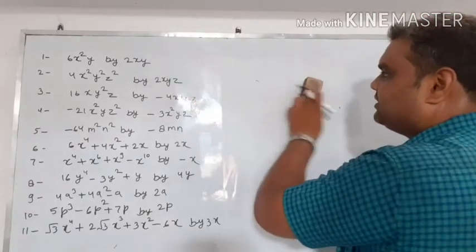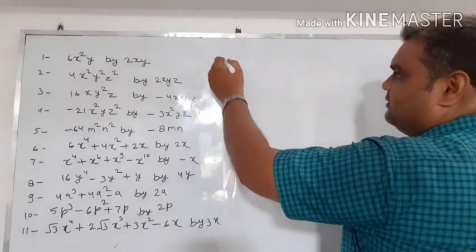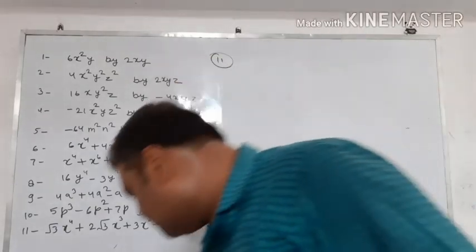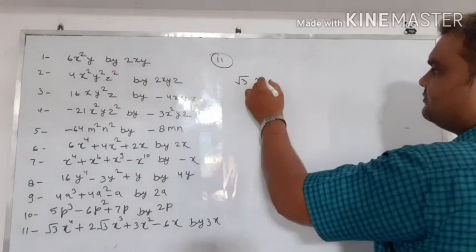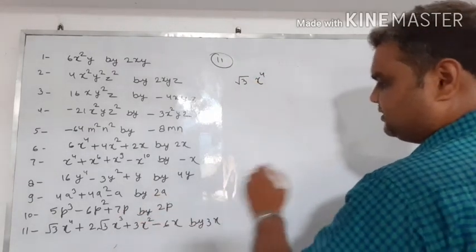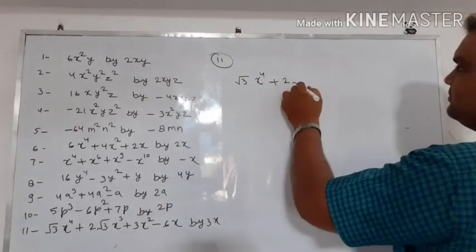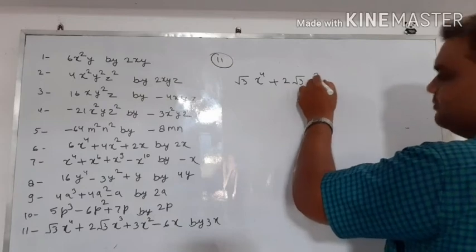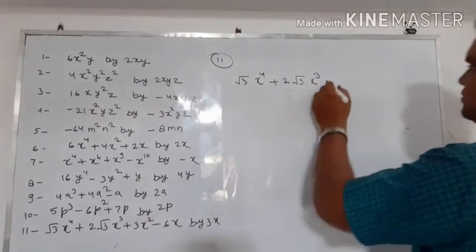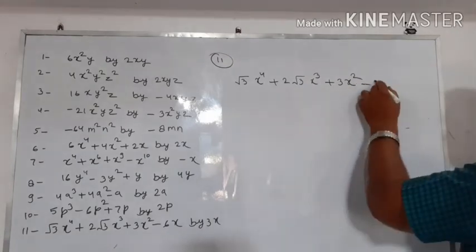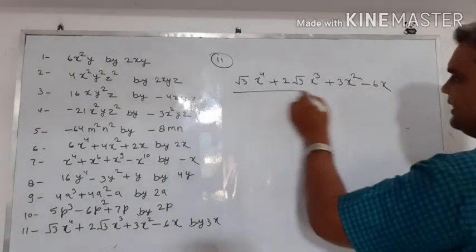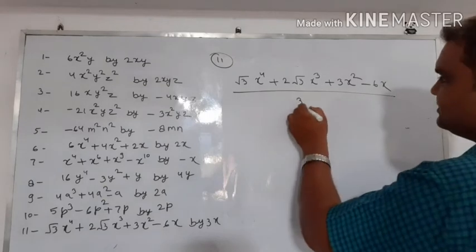Now let's solve question number 11. We have the question: under root 3x to the power 4 plus 2 under root 3x cube plus 3x square minus 6x, that we have to divide by 3x.